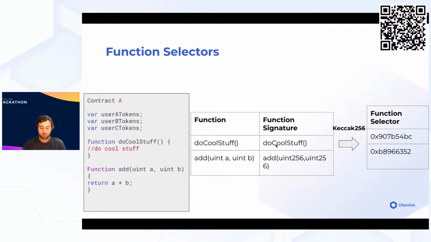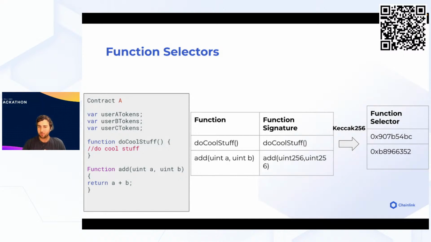So we literally hash the text, do cool stuff, with Keccak-256, take the first 4 bytes, and we get this function selector. We append 0x, and the first byte's 90, second 7b, third byte 54, and fourth byte bc, right? And if we hash the signature of add with Keccak-256, this will be our function selector.